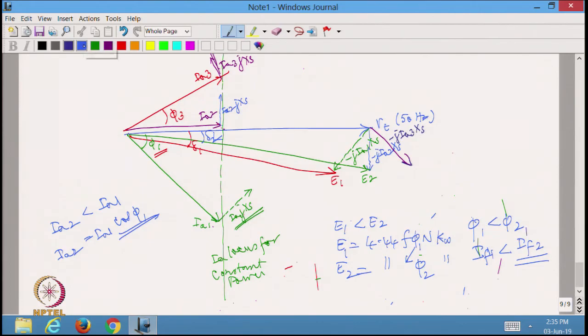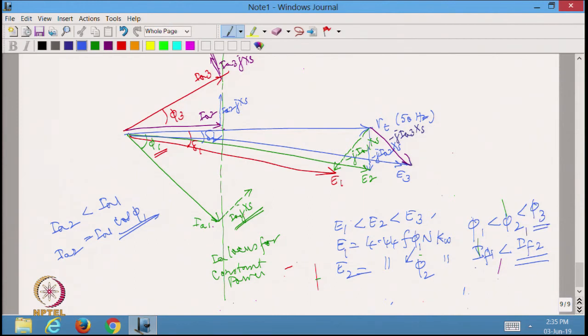Now, if I join this like this, this is E3. So, I should say E1 is the smallest, then E2 is higher and E3 is the highest or largest. So, clearly I am going to have phi 1, the flux, the smallest in the first condition, then phi 2, then comes phi 3, which is the largest.